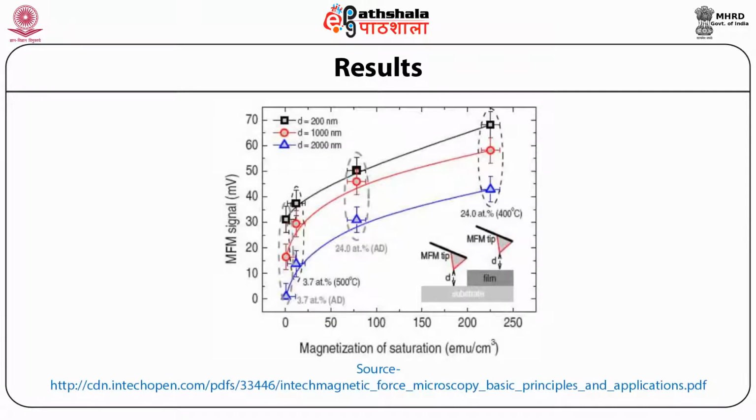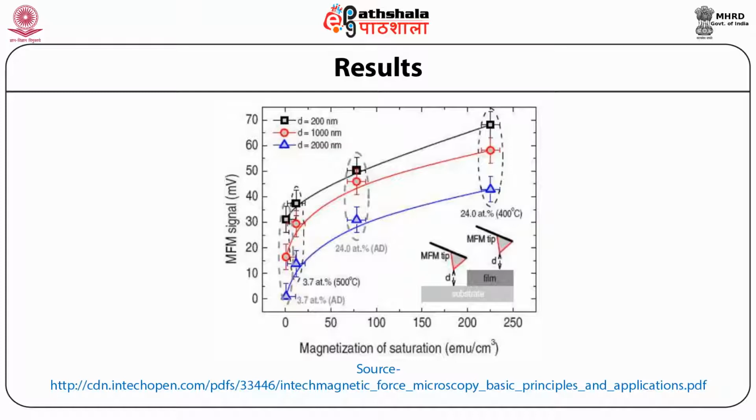Here, magnetization of saturation versus MFM signals in millivolts have been given, and magnetization has been given in units of EMU per cubic centimeter in terms of volume. These plots are for d of 200 nanometers, then 1000 nanometers, and in terms of triangles it is 2000 nanometers.